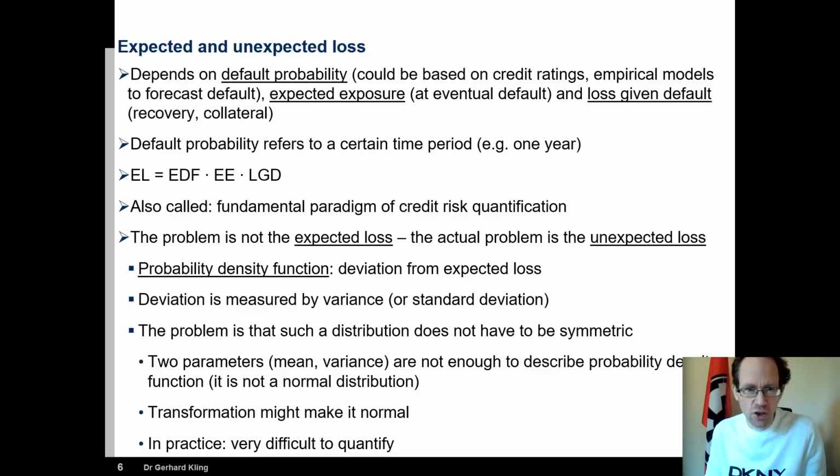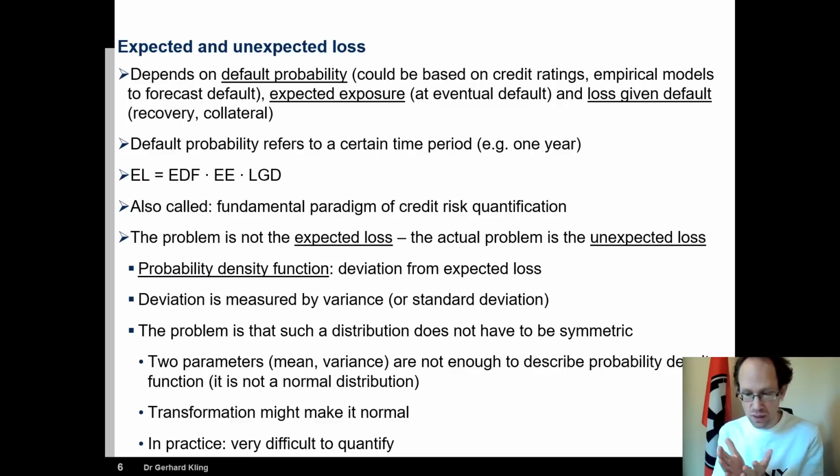So the main challenge stays, how can we quantify these different components, and in particular what can we do about unexpected losses? Well, the honest truth is not an awful lot. So what you do in practice is you try to quantify a probability density function.